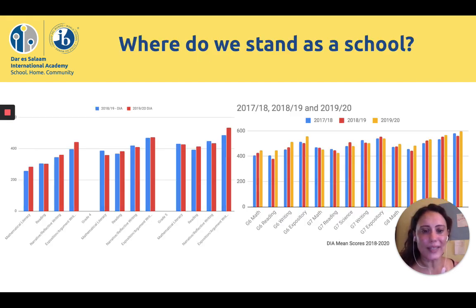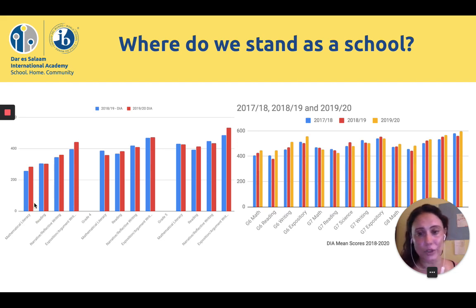So where do we sit as a school when we compare to other international schools? You can see the data from our previous years, I am looking on the far left here where we have blue and red. You can see that our results for DIA have progressively improved as we've moved through the years.